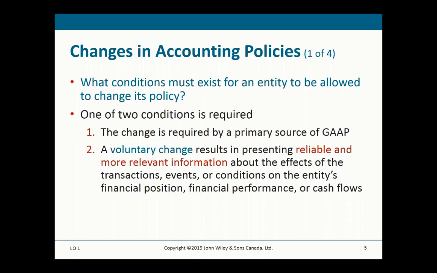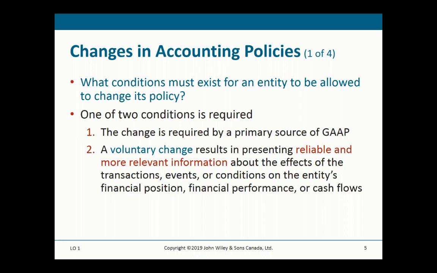Also, there could be a voluntary change between choices that already exist in GAAP. So you might use the straight line method of depreciation for your cars, and now you want to use units of production, like a kilometers and activity rate, instead for depreciation of your cars. Those are two different valid choices within the accounting standards.